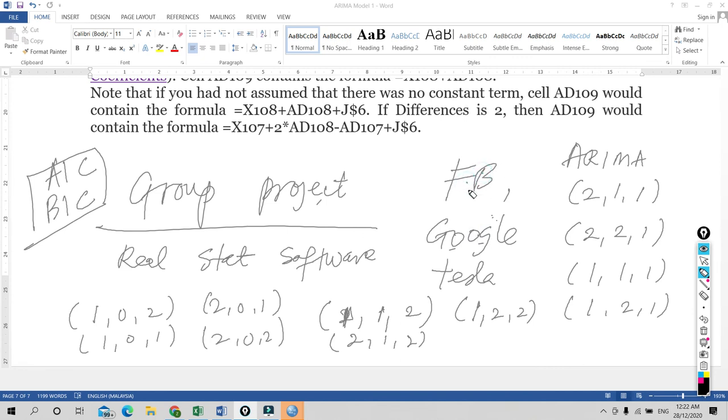Just pick up the data and try to run the ARIMA model by using the Real Stat software, which you can download from the website just now, and test a few models here: ARIMA 211, 221, 112, 121, 212, then 122, or maybe you can test 102, 101, 201, 202. Then compare with the AIC and BIC. Which one is better? Then each group has to send me the assignment through email.